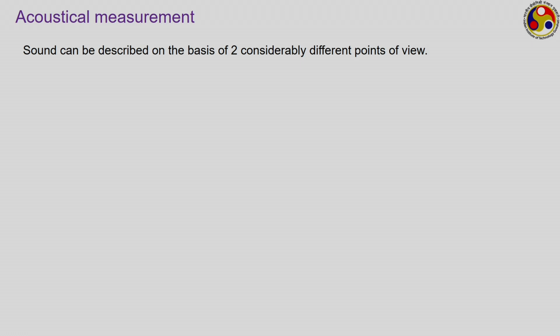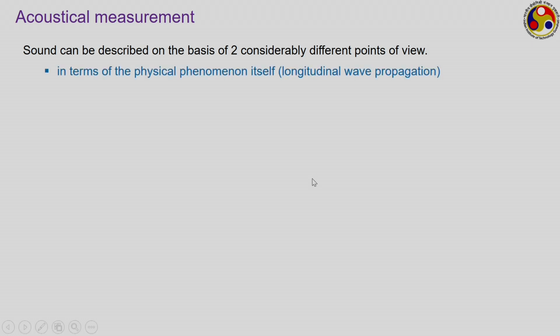Now sound can broadly be described based on two considerably different kinds of approaches. One approach is in terms of the physical phenomenon that we are experiencing: the source of sound will always experience some kind of vibration. If this is a source of sound, then it will be vibrating with a certain amplitude.